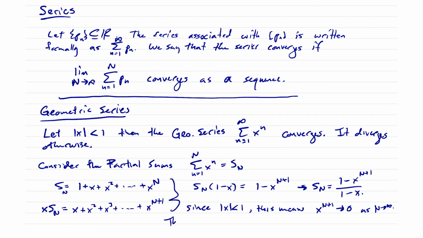Thus, we have the sum of n equals 1 to infinity of x to the n is equal to 1 over 1 minus x, and that's that. And that is convergent and finite. So done.